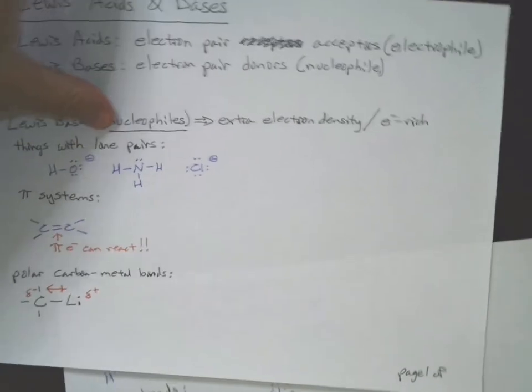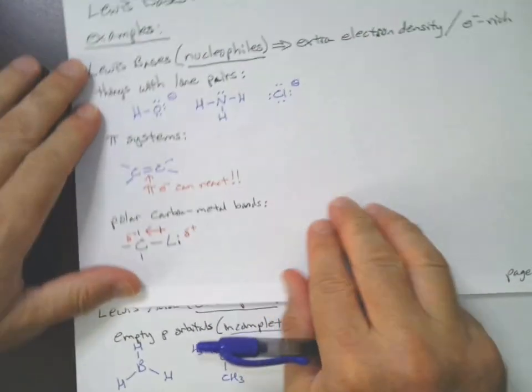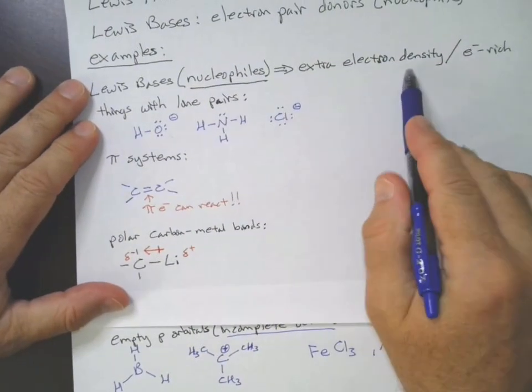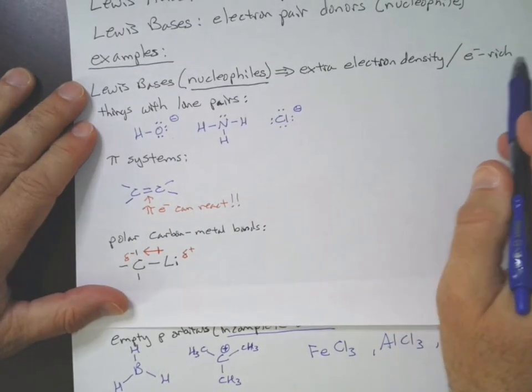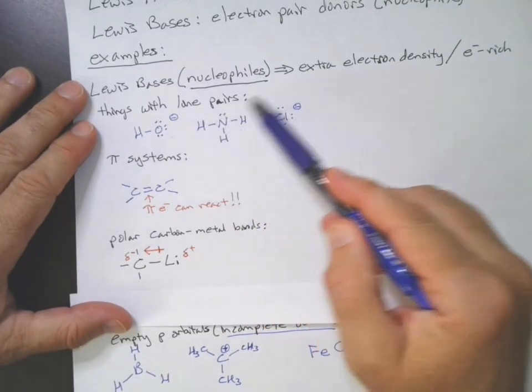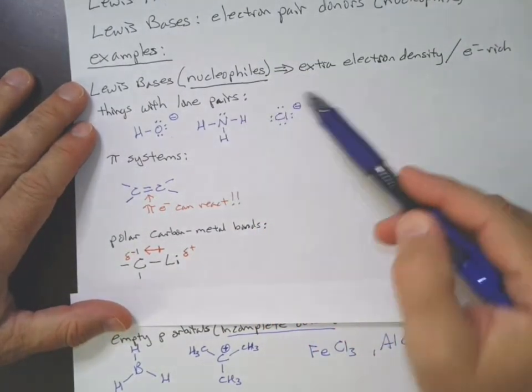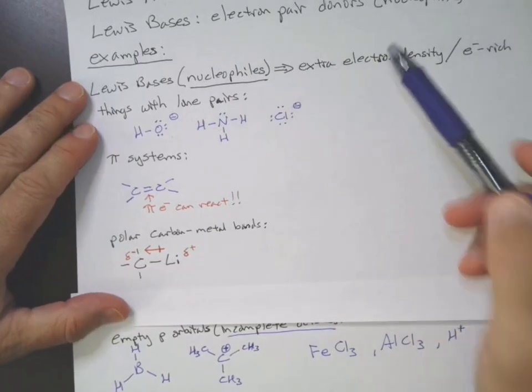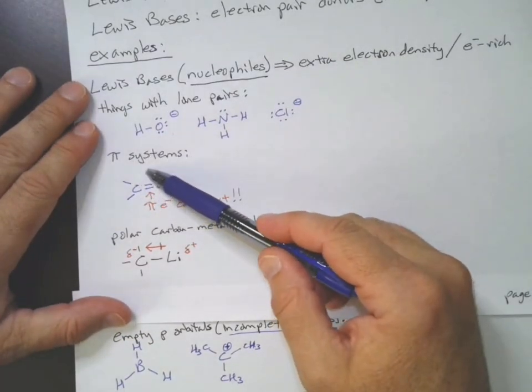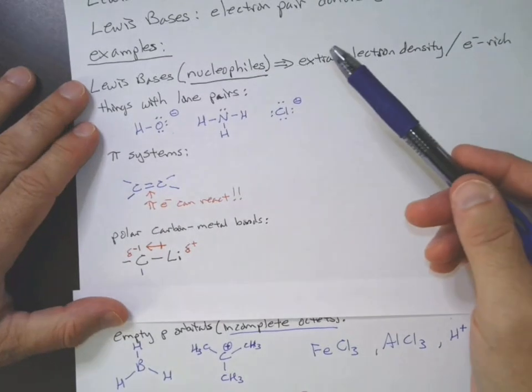To back up a little bit further here, our Lewis bases, we want things that have that extra electron density. They're electron rich. So things with lone pairs. Things with lone pairs can be Lewis bases. Pi systems, those can be Lewis bases.